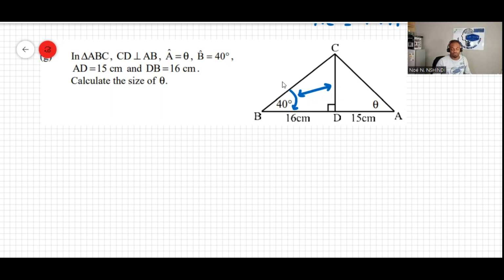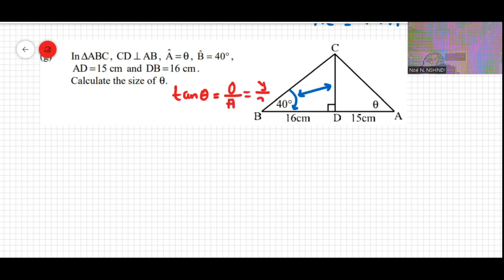If I was looking for the hypotenuse then, but I need this side, so I can use the tan formula. Tan of the angle is given by opposite over adjacent. Sometimes y over x.